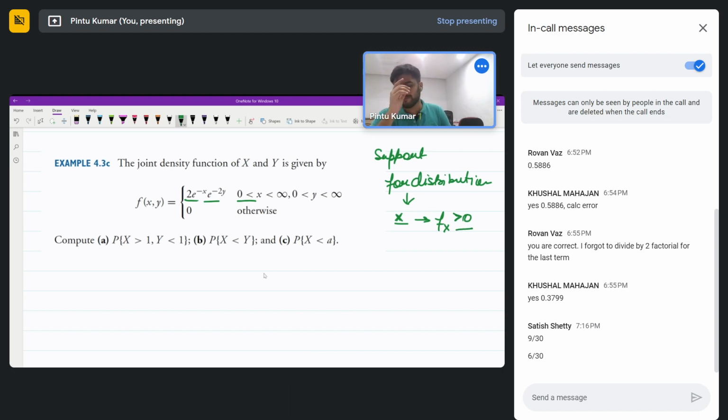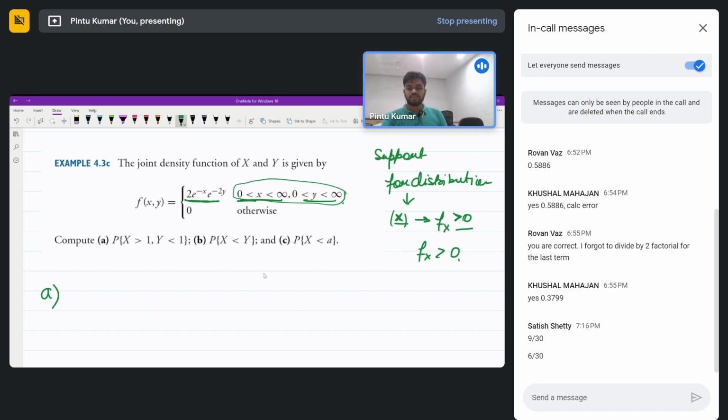If it is a multivariate random variable, then it is the set or pair of values on which f is greater than 0. So if you look here, when x and y lie in the intersection of these two regions, then you have non-zero values. That's why this is called the support of the random variable.